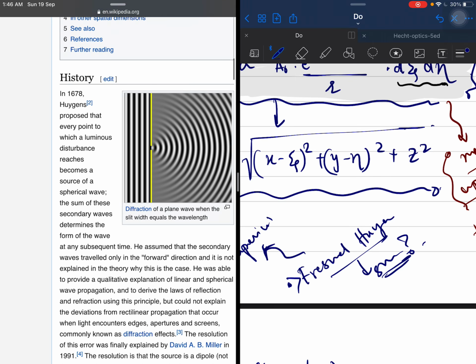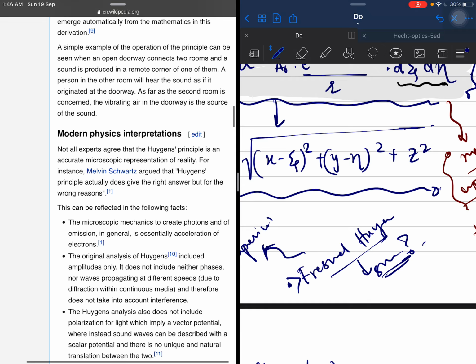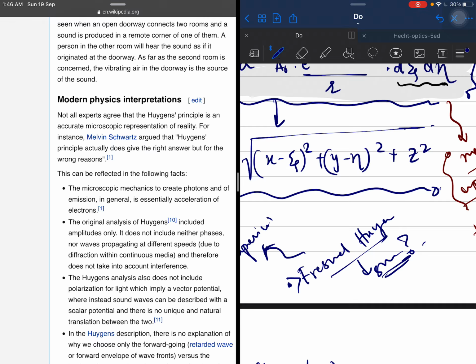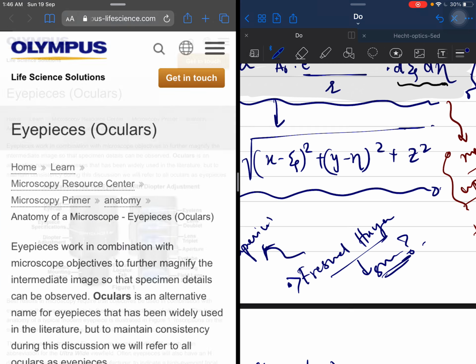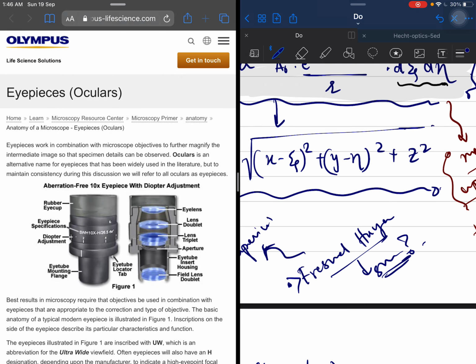Okay, Kirchhoff diffraction formula. Dude.